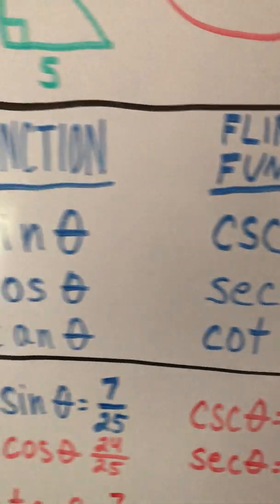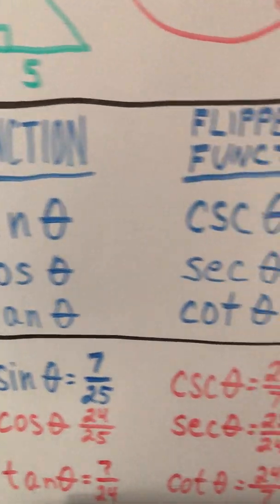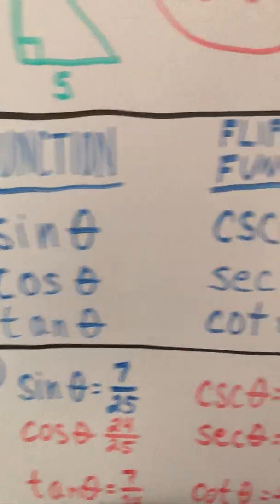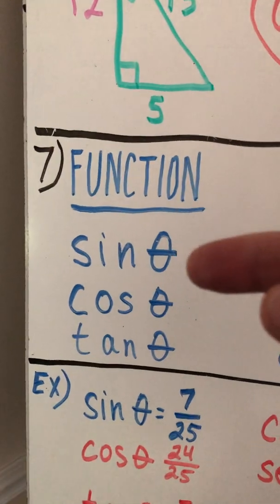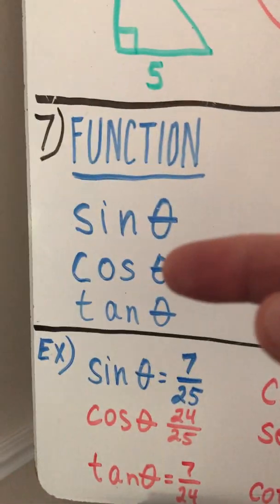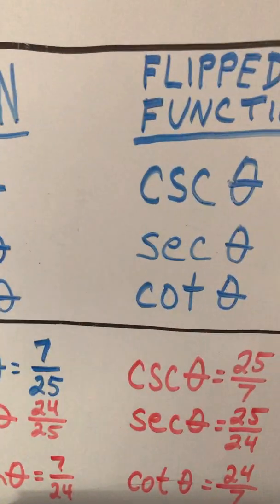You might be saying to yourself, why isn't the reverse of sine secant and the reverse of cosine cosecant? I don't know, but it isn't. The reverse of sine is cosecant. The reverse of cosine is secant. The reverse of tan is cotangent.